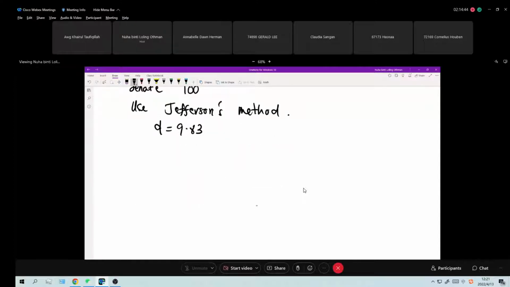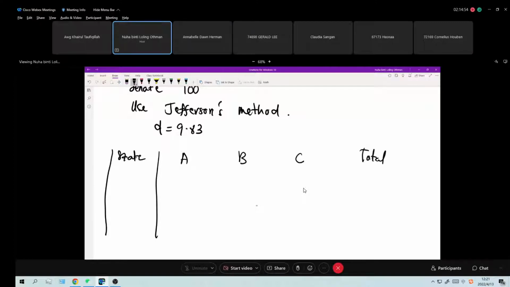So you have a table: state A, B, and C, and total, with population. This one 98, 689, 212, 999.